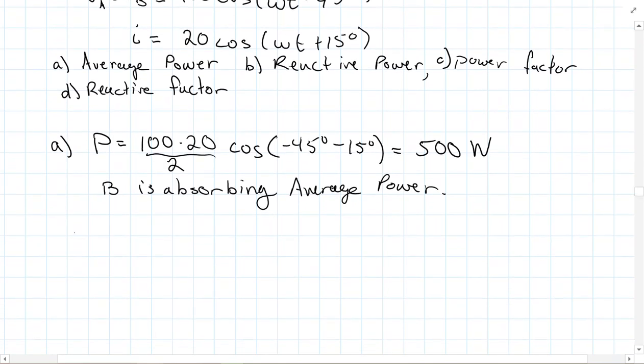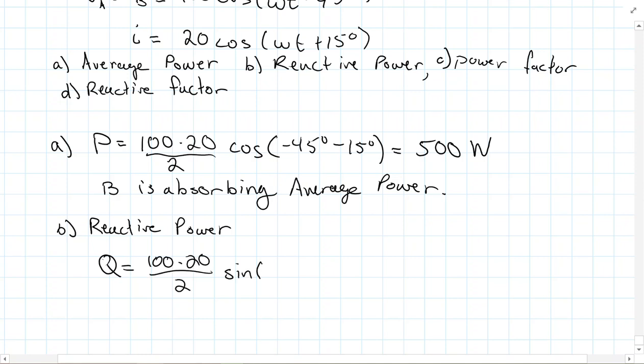Then let's go ahead and find the reactive power. And again, that's a pretty easy computation. This is just Q is equal to 100 times 20 over 2 sine of negative 45 degrees minus 15 degrees, which when you do that, you get negative 866. Now we should look at what the units are, and I hadn't mentioned this. We don't want to use watts, even though this is still current times voltage. The reason we don't want to use watts is because this is not average power.